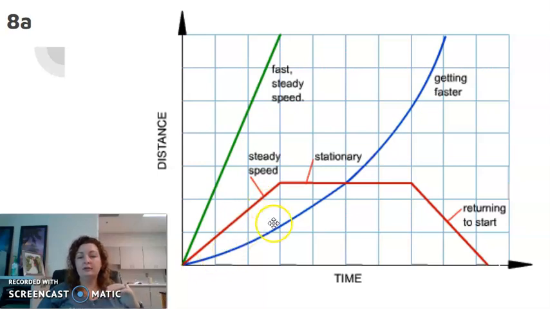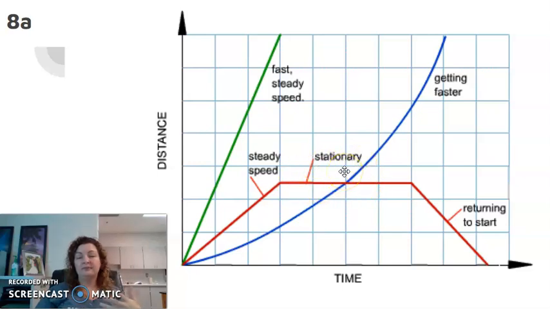As I get closer and closer down to the x-axis with my lines, it means I'm going slower and slower, okay? Because eventually, if I reach the x-axis, it means I'm not going anywhere at all, right? That's like my starting position. So if we look at this flat line here, it does say stationary.